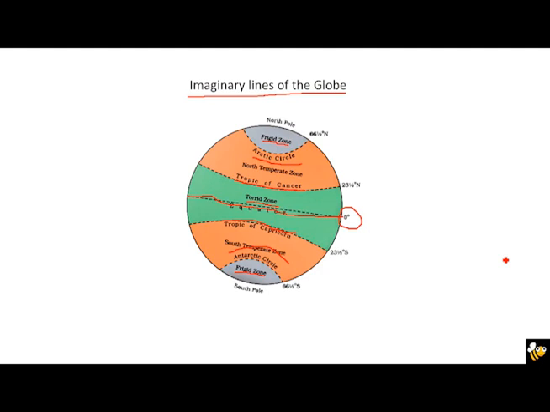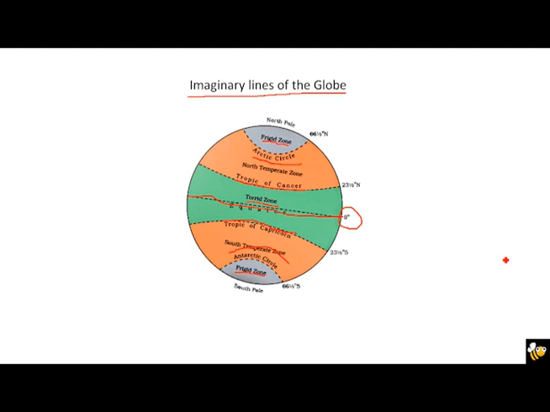At the torrid zone we have the maximum temperature. That is clear.